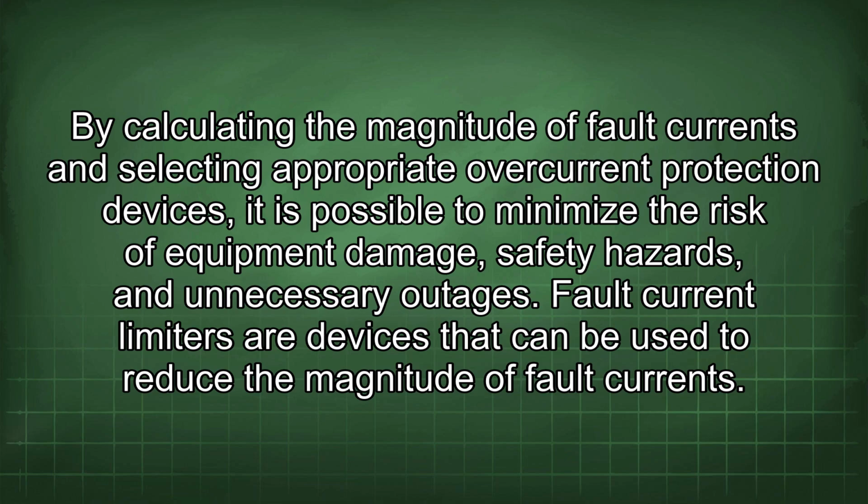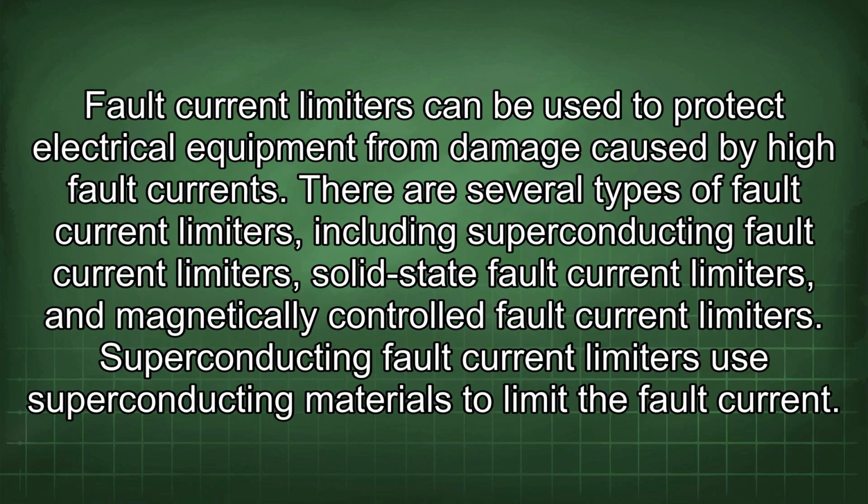Fault current limiters are devices that can be used to reduce the magnitude of fault currents. They can be used to protect electrical equipment from damage caused by high fault currents. There are several types of fault current limiters, including superconducting, solid-state, and magnetically controlled fault current limiters.